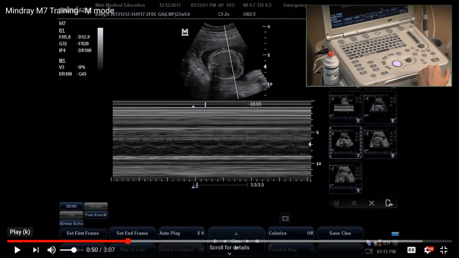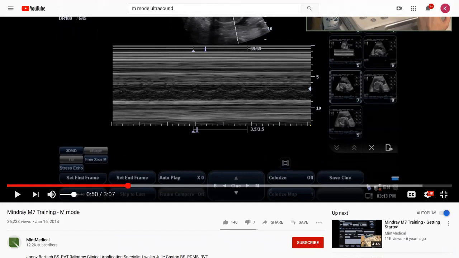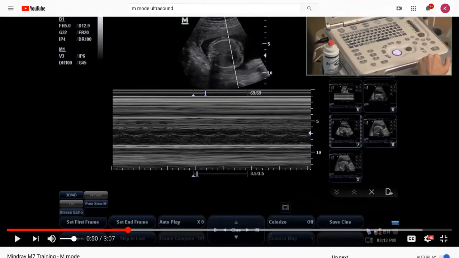Okay, and oh boy, let's see if I can. Did not want that to happen. All right, well, this is going to be very hard for me to see. You could look, there's barely a dot on the left side of the M mode. You're just going to have to work with me here.